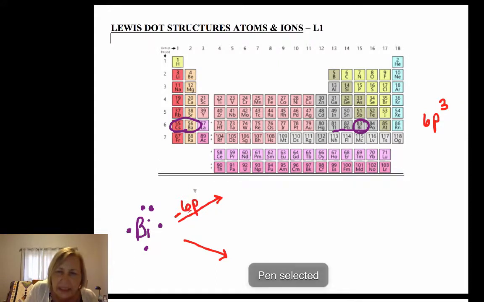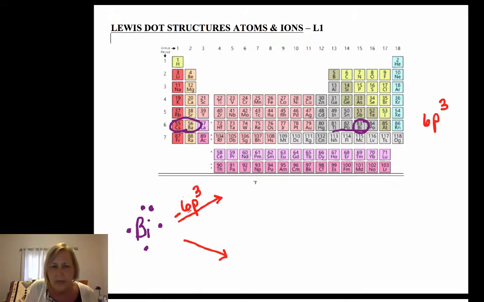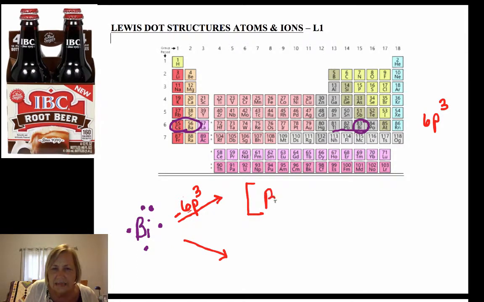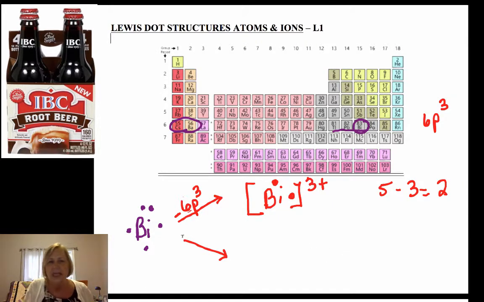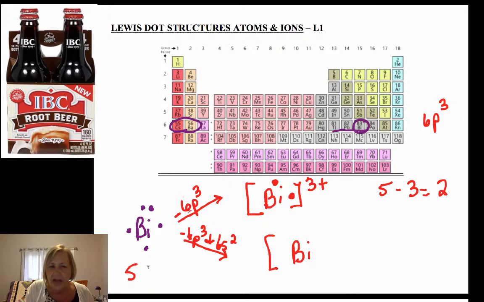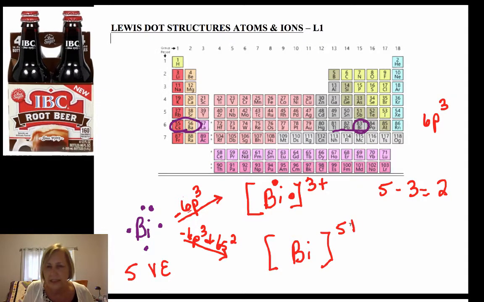It's the 6p3 electrons. When it does that, it had 5, it lost 3, so I am going to draw 2 electrons and put a 3 plus charge. Now, it can also lose the 6p3 and the 6s2. So if it lost 5 electrons, it had 5 dots representing 5 valence electrons. Now it has none, and it has a 5 plus charge.